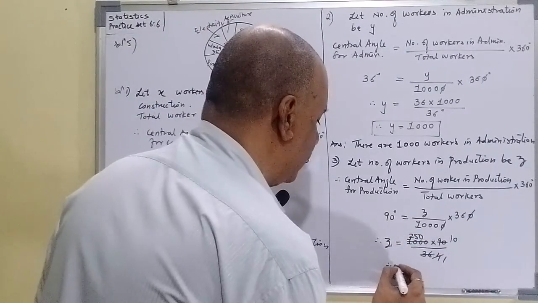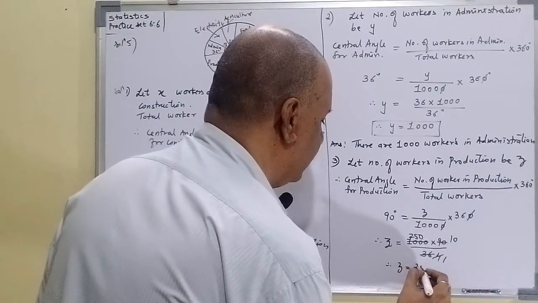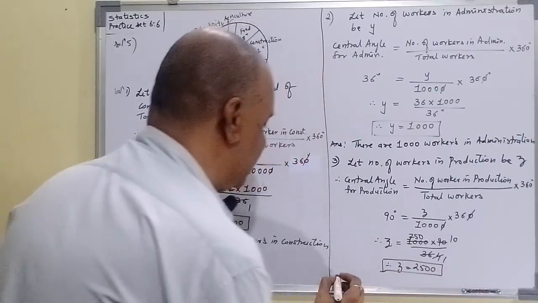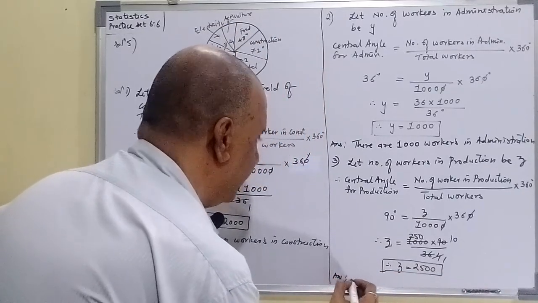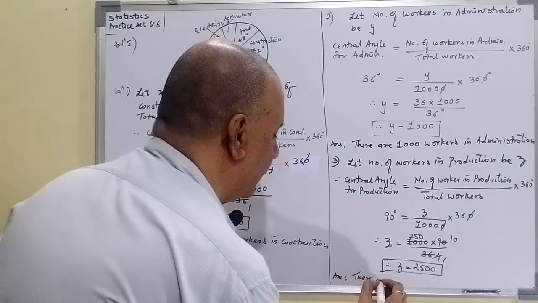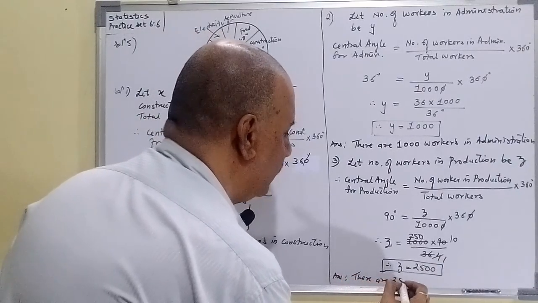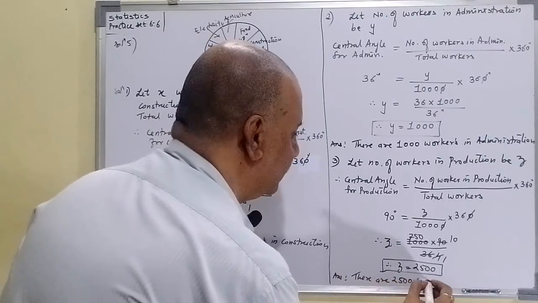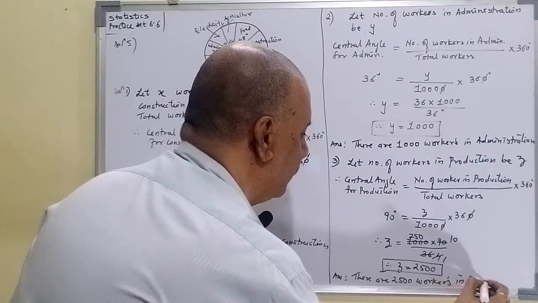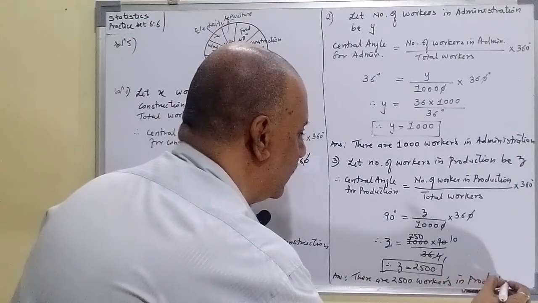So therefore Z will be 2500. फाइनल आंसर लिखो. Therefore there are 2500 workers in production.